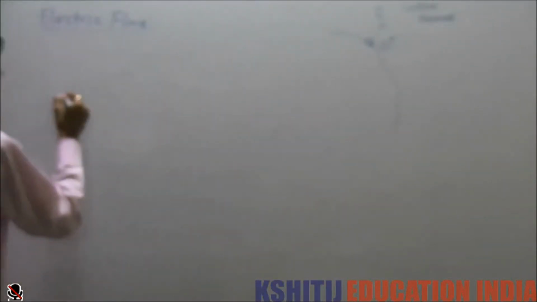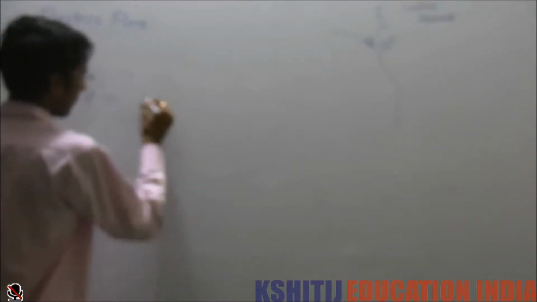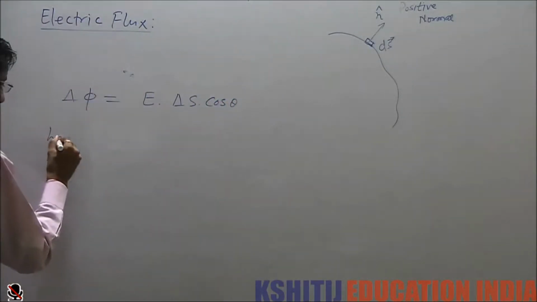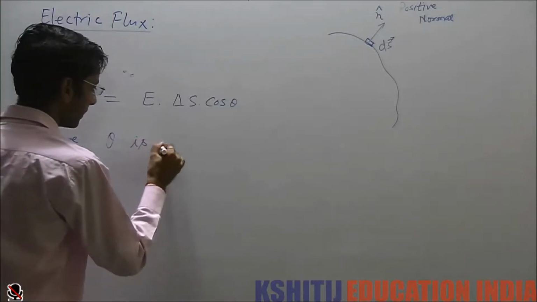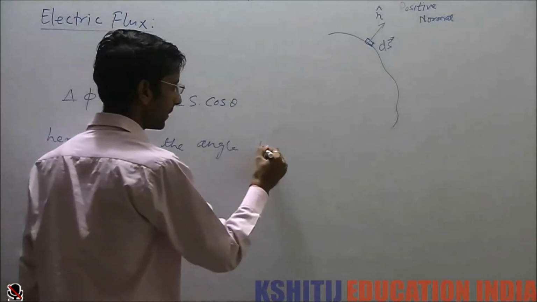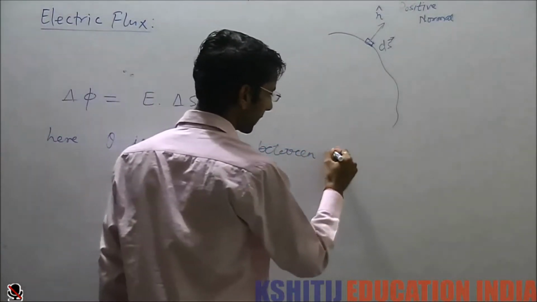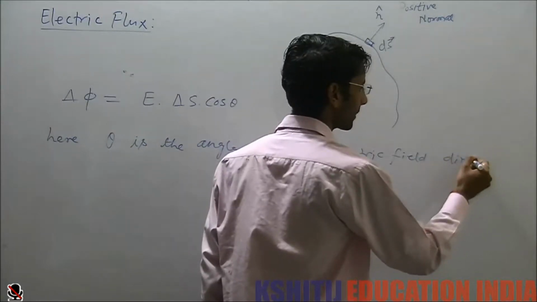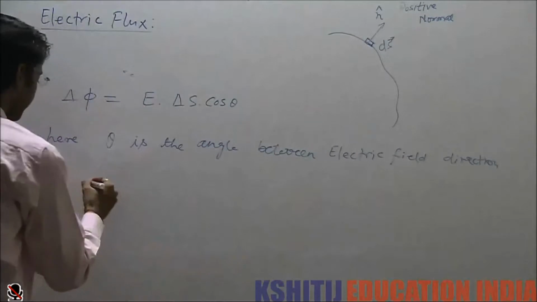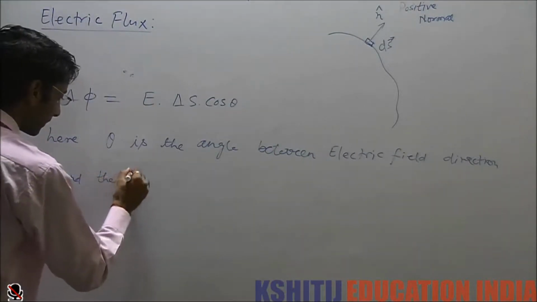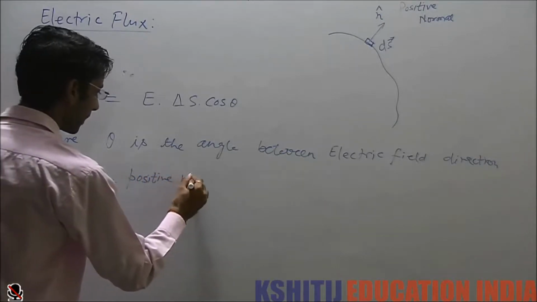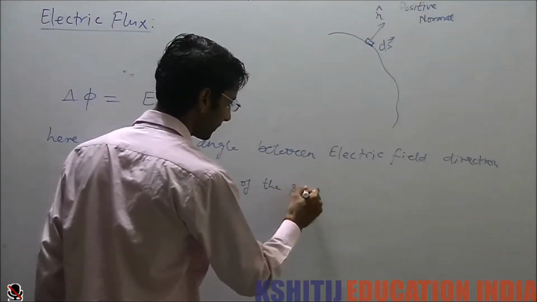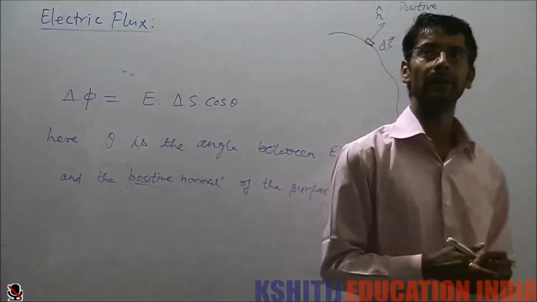So if I say that this delta phi, which I have already written as E delta S cos theta, here is a point to remember: theta is the angle between the electric field vector direction and the positive normal of the surface.